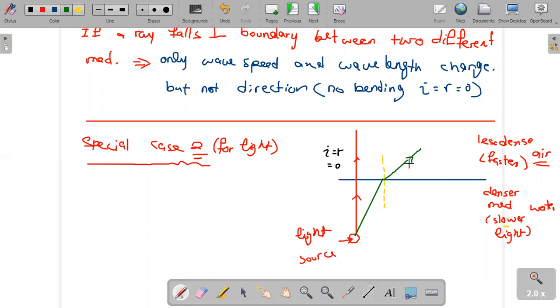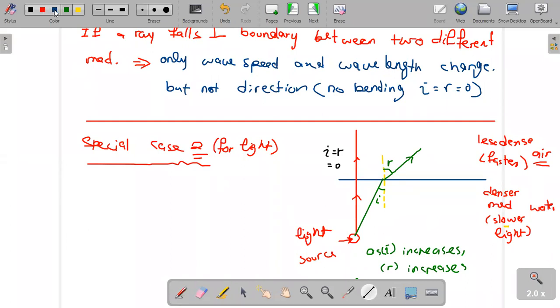So here this is I and this is R. So as I, the angle of incidence, increases, what will happen to R? R increases.